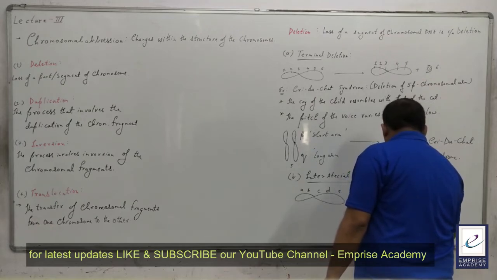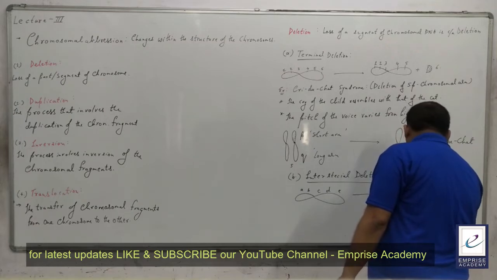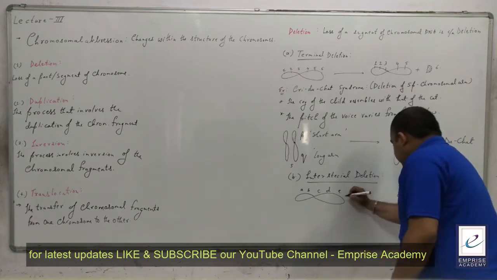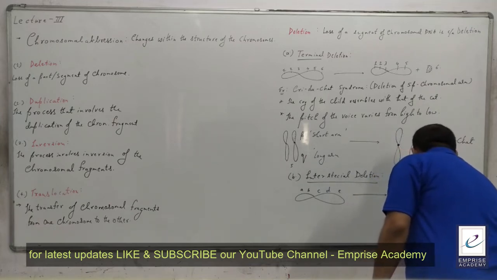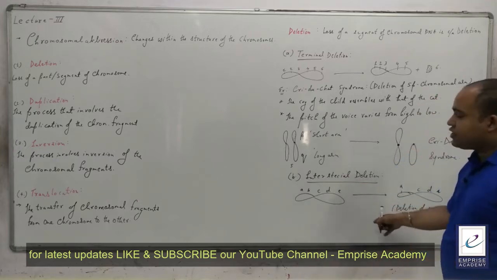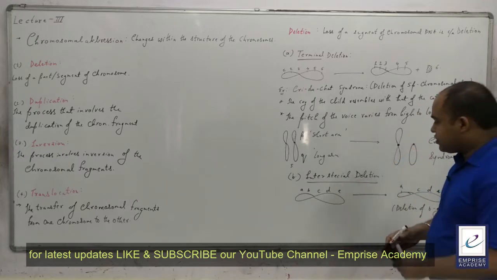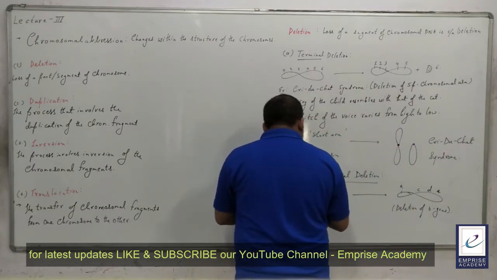Supposing A, B, C, D and E genes are there, the deletion of B gene is an example of interstitial deletion.